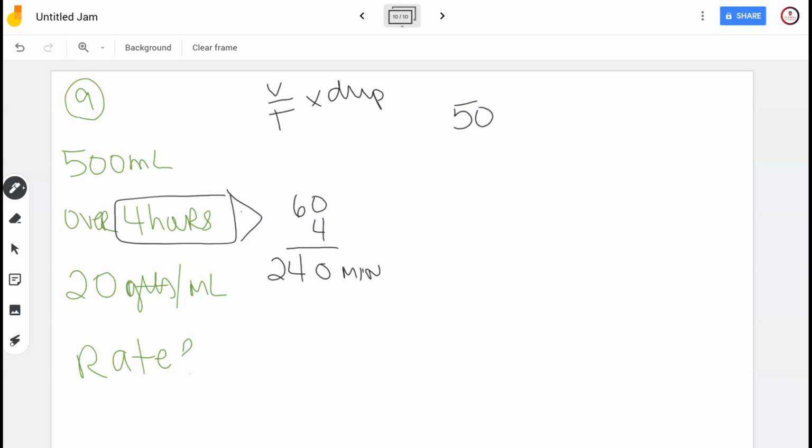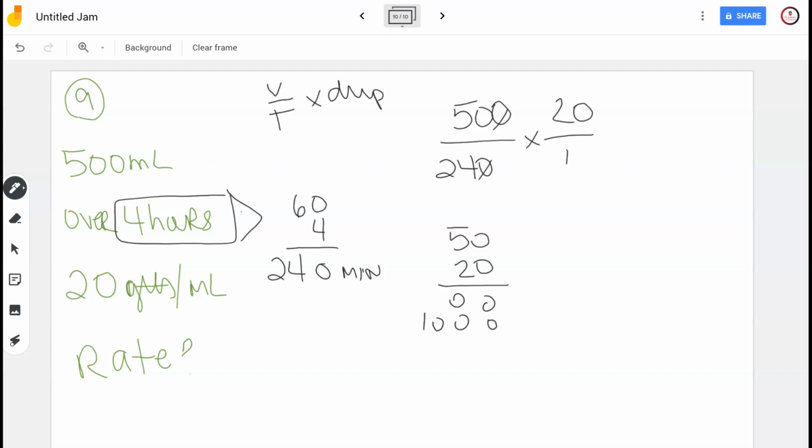So here 500 divided by 240 times 20 over 1. Simplify this. So you have 50 times 20, which is 1,000. So that ends up being 1,000 divided by 24.